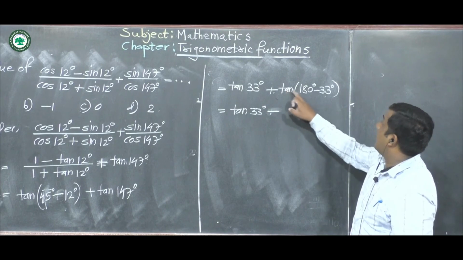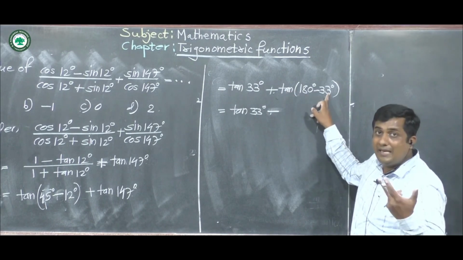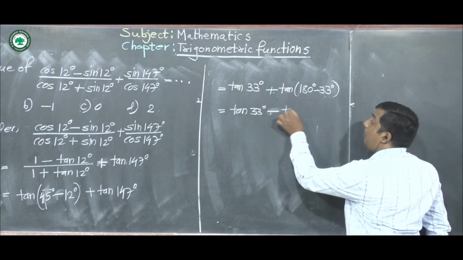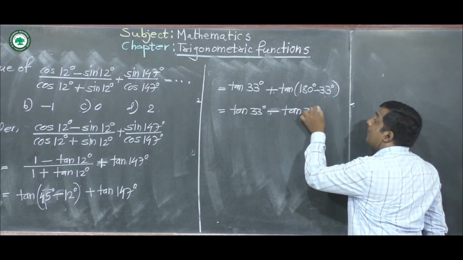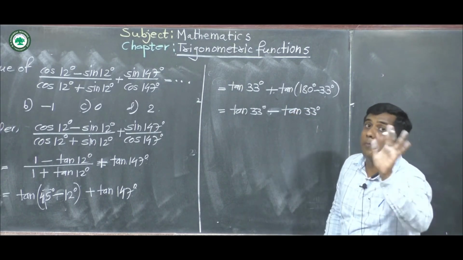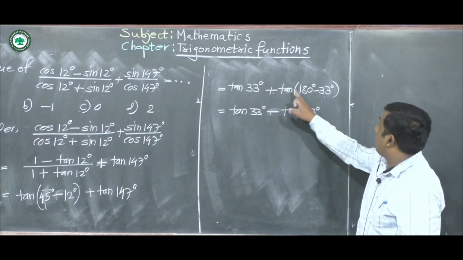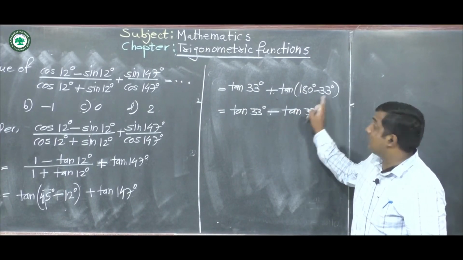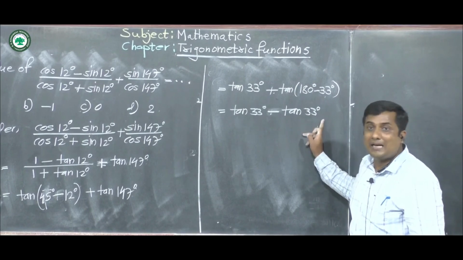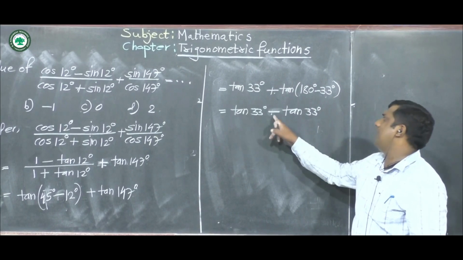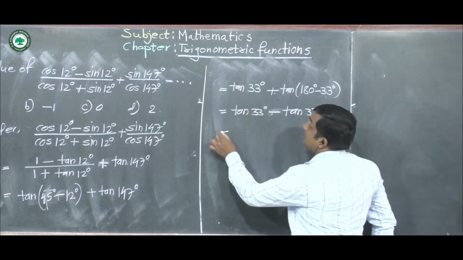So tan of 180 minus 33 degree is minus tan of 33 degree. Remember, here we use the allied angle formula: tan of 180 minus theta is minus tan theta. And tan 33 minus tan 33 is 0.